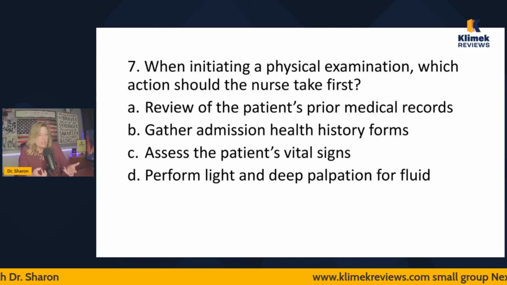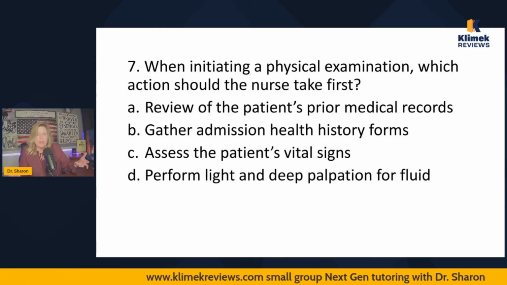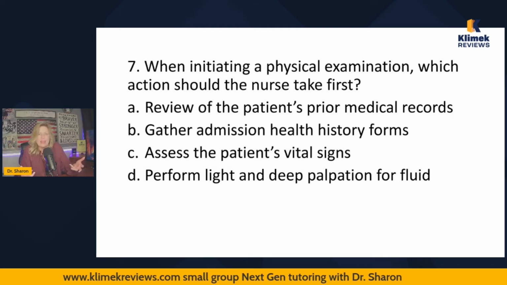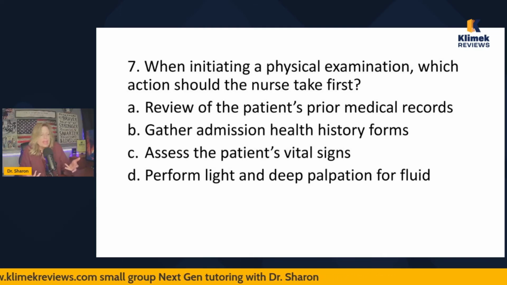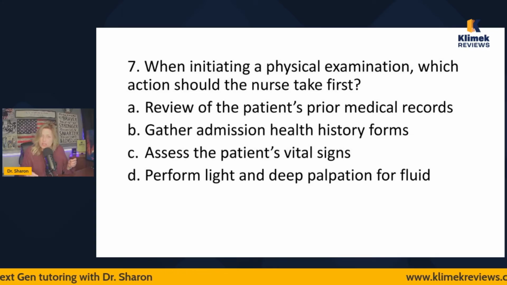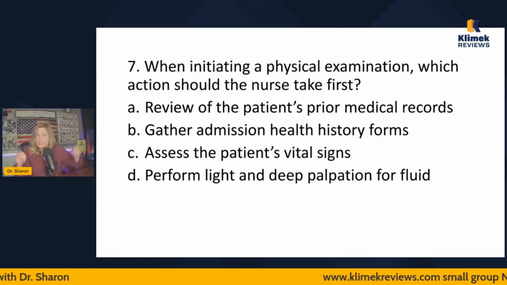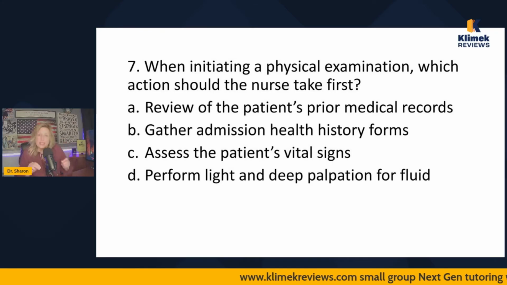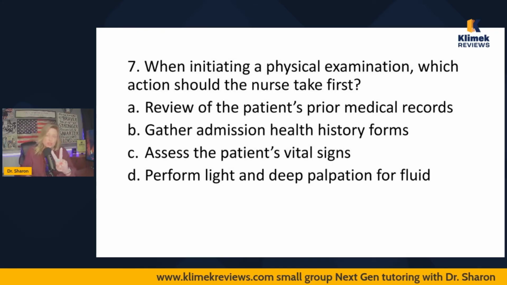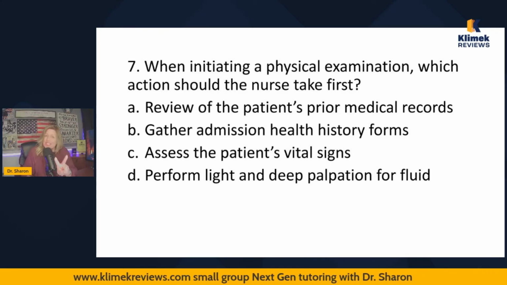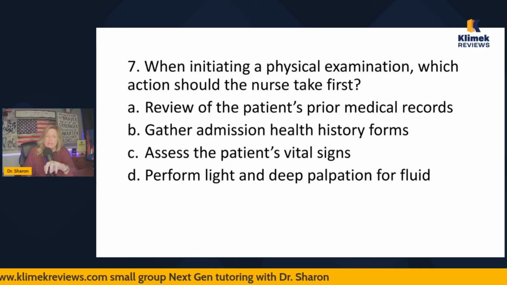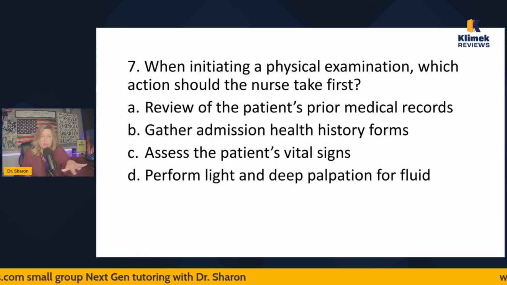If they're admission health history forms, okay, good. You told me what your health history is, or I review their prior medical records. I'm doing the same thing. So I can't differentiate between the two. And if it's a single choice question, not a SATA question, and two answers essentially say the same thing, neither one of them is right. So I had to cross those off.